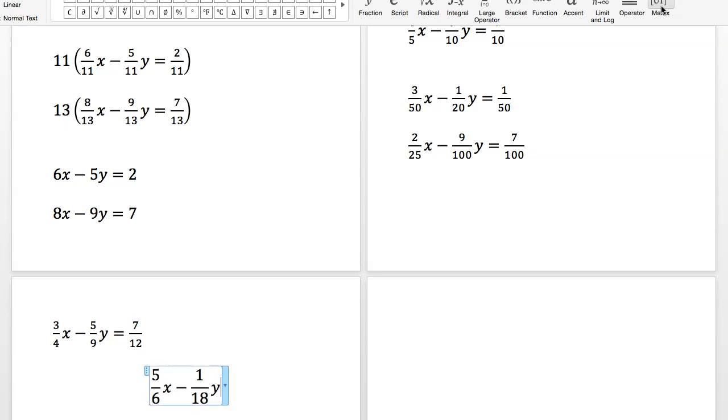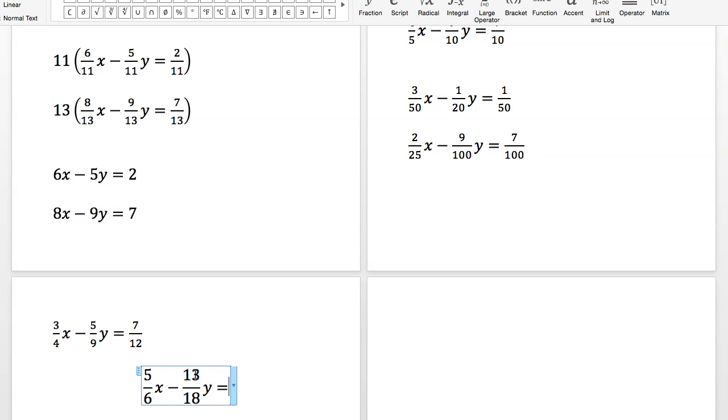I'll bring 18 onto the ball field. And that equals, let me use 13. I'll make these numbers nice and big.